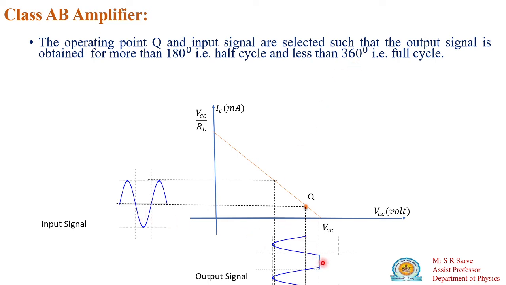Here the upper portion is cut. So it amplifies less than 360 degrees and more than 180 degrees. That is a class AB amplifier.